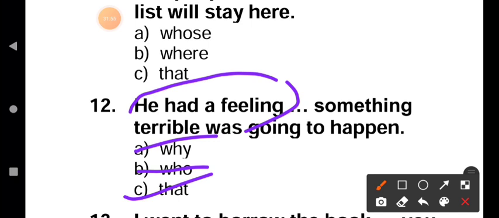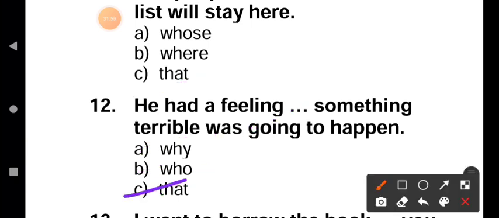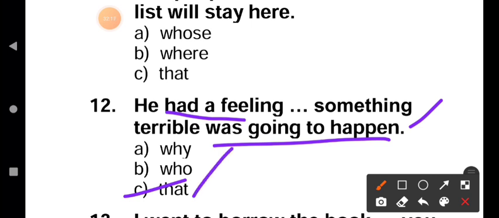I had a feeling that something terrible was going to happen. Both are in the past tense, already happened. It is expressed in the past tense, past prediction. He had a feeling that something, that is the more suitable answer among the three options.